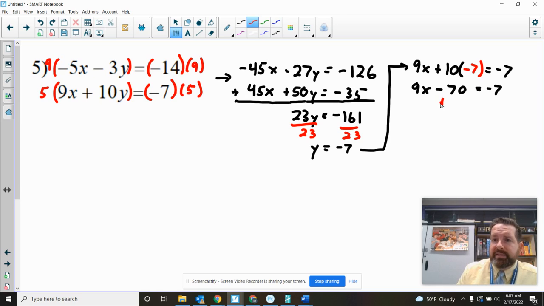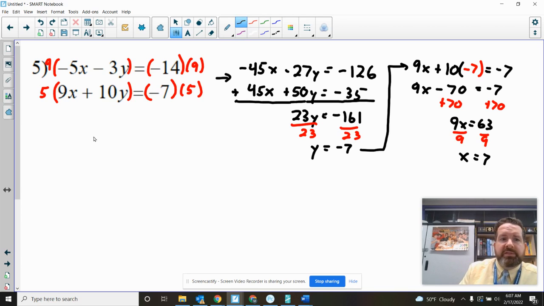Let's then add the 70. So 9x is 63. Divide by the 9. And we get x is 7. So we think our solution is 7 comma negative 7.